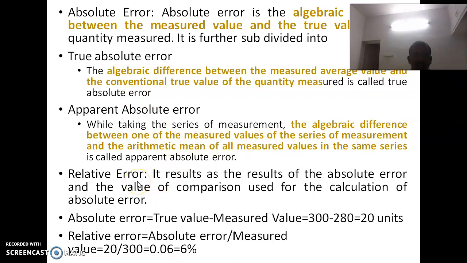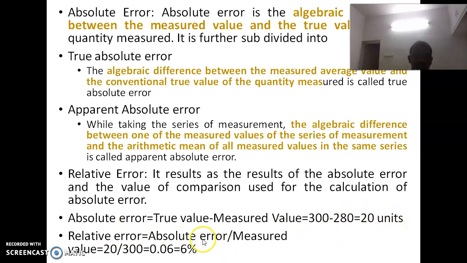Then relative error is the ratio between absolute error and the measured value. For example, the true value is 300 units and the measured value is 280. The absolute error is 20. Suppose the true value is 300 and the measured value is 320, the difference is also 20.